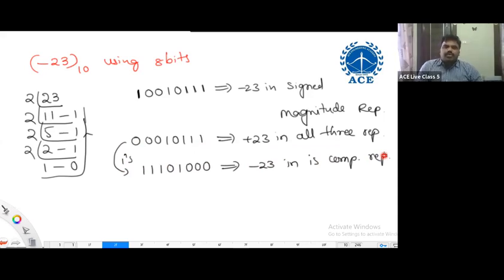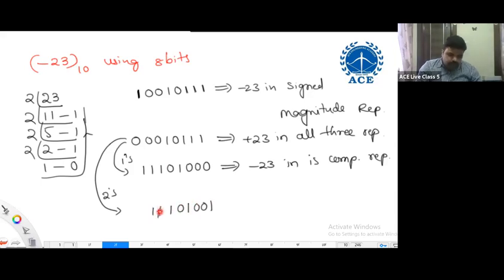Now, I want to get 2's complement representation also. How to get 2's complement representation? Let us see. Take 2's complement of this. It is plus 23 in 2's complement representation also. I want to get minus 23 in 2's complement representation. How can I get? Here it is 1, 1, 1, 0, 1, 0, 0, 1.